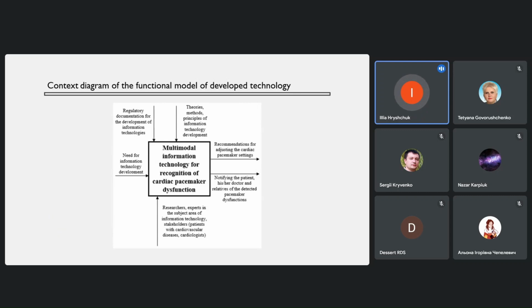Then we have to process all the information, and based on it, we can give the recommendations that the pacemaker is working wrong or it's okay, and we can suggest some adjustments. We can notify the patient and the doctor, and something like that.